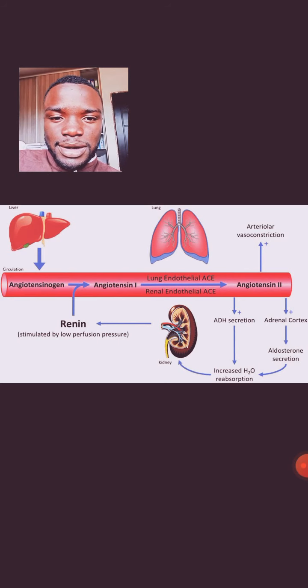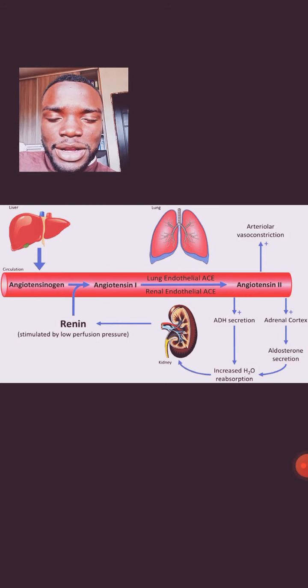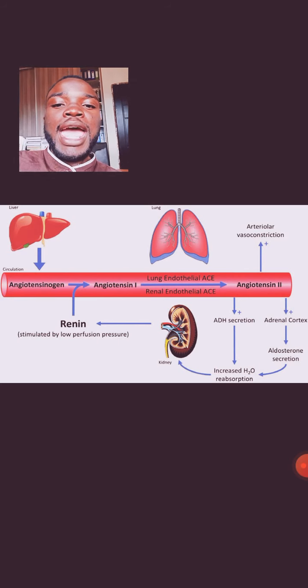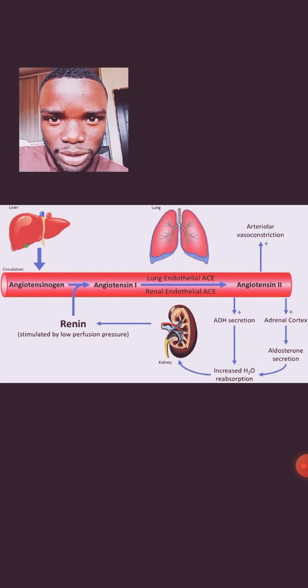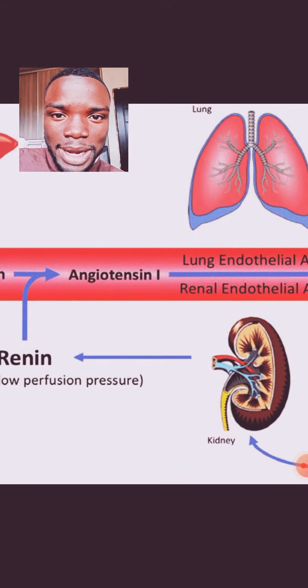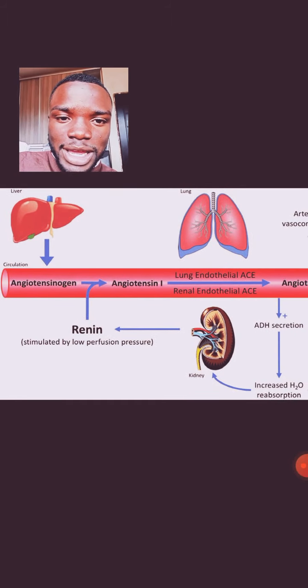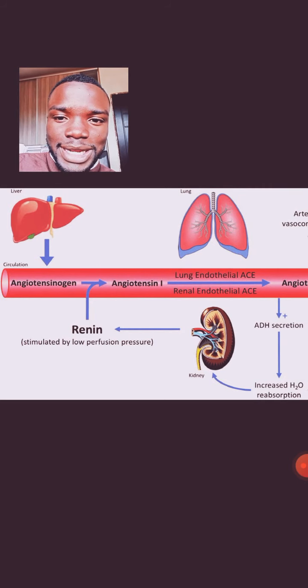Looking at the diagram, in an event where someone has reduced blood pressure, reduced water levels, and reduced sodium chloride retention, we have three major organs that are involved in regulating these.